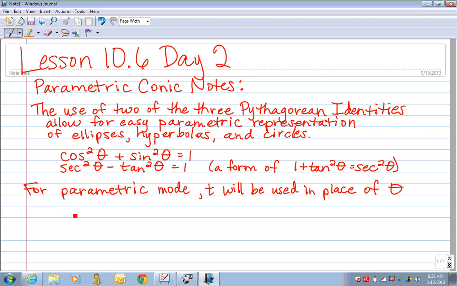So we have, therefore, cosine squared t plus sine squared t equals 1.